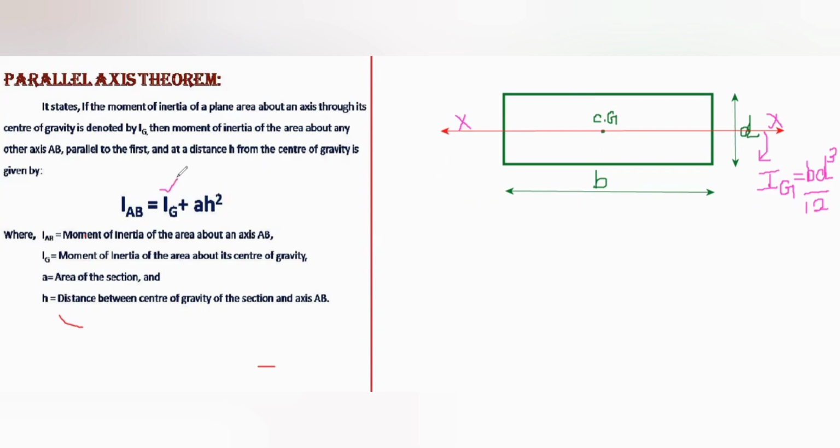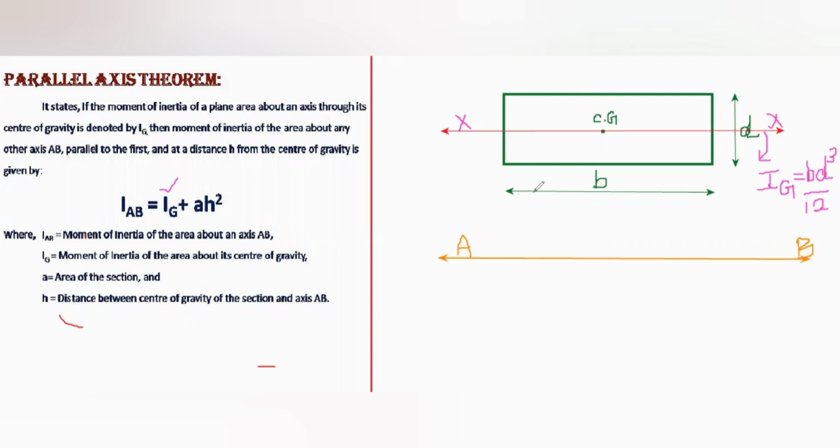But we need to calculate the moment of inertia with respect to another axis, which is at a distance h from the previous axis. Here we consider another axis, that is actually taken as AB.